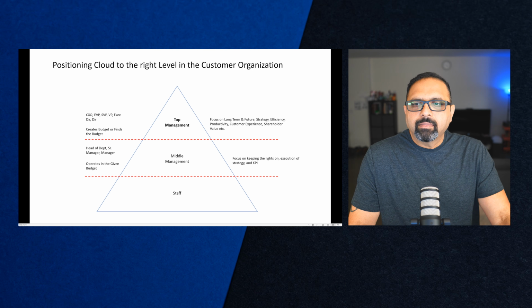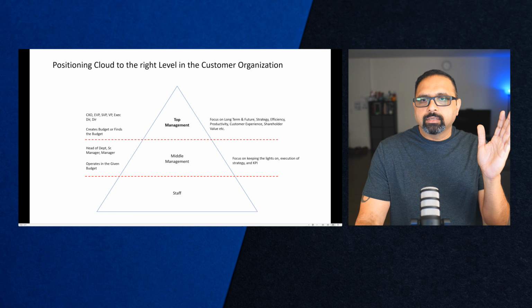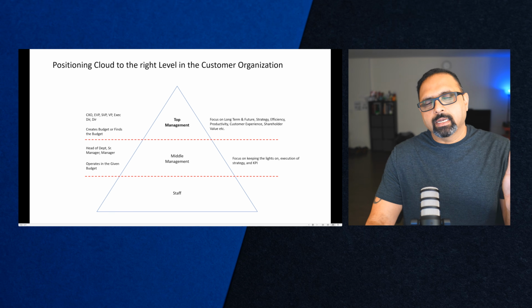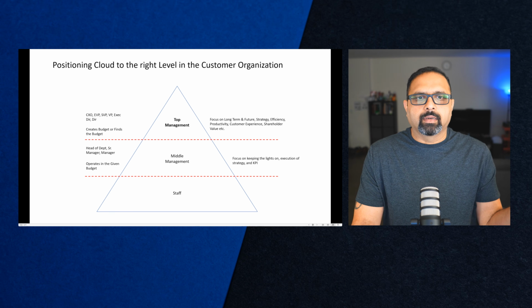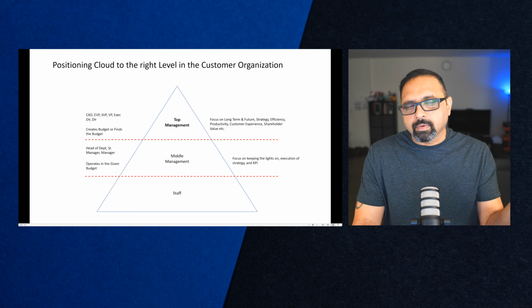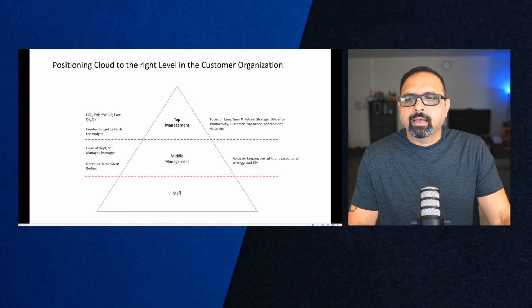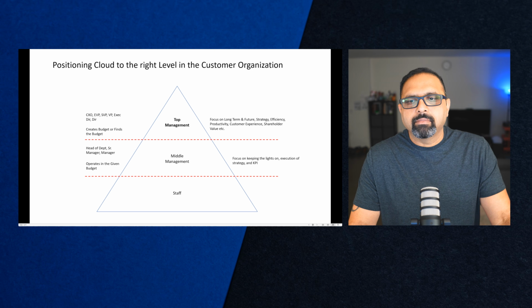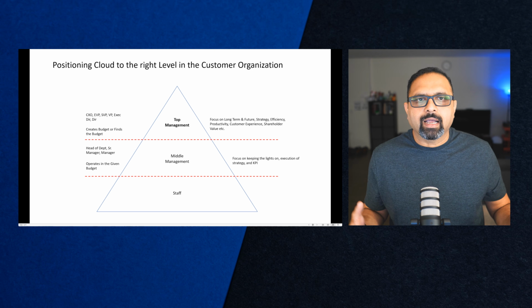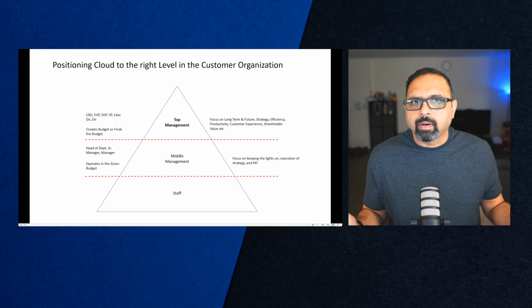Typically, the middle management titles which you will encounter in the sales process, especially in the technology business, where you're trying to sell a technology, whether it is cloud or a complex solution or software or anything, are head of department, senior manager, IT department head.